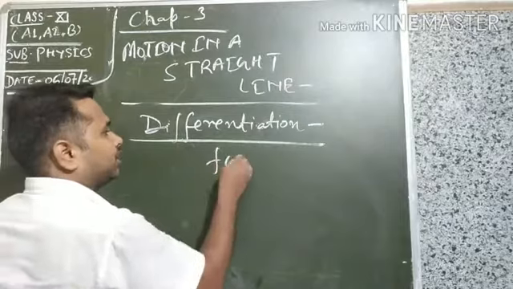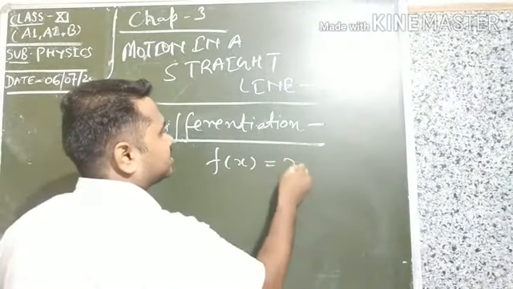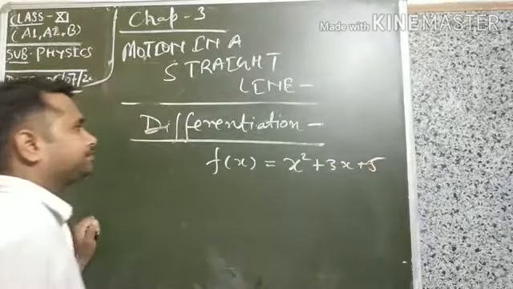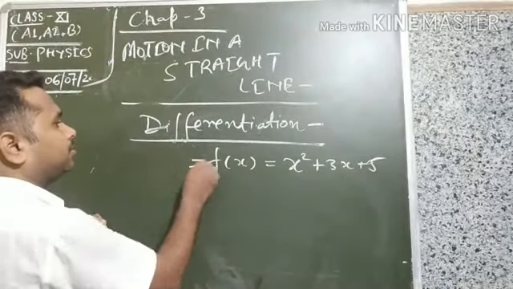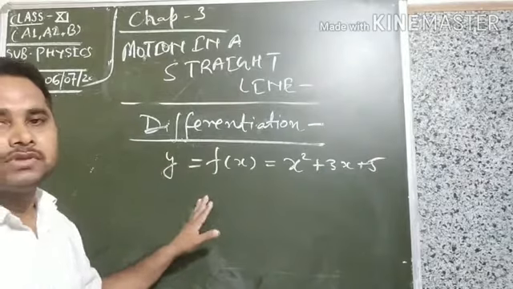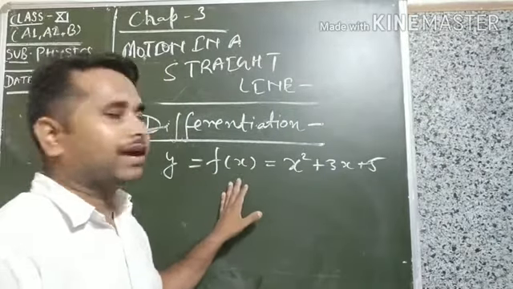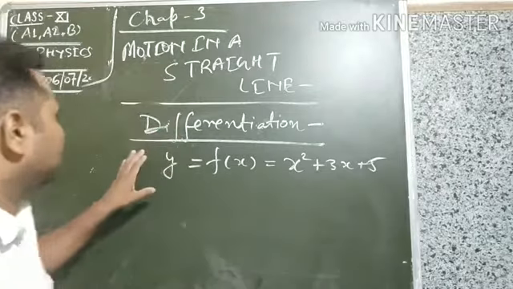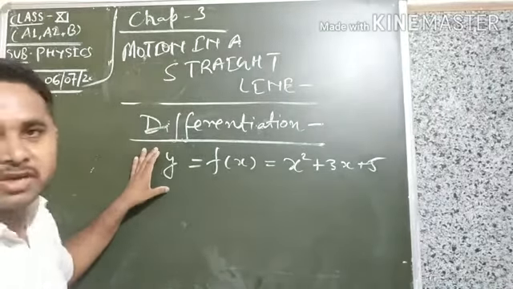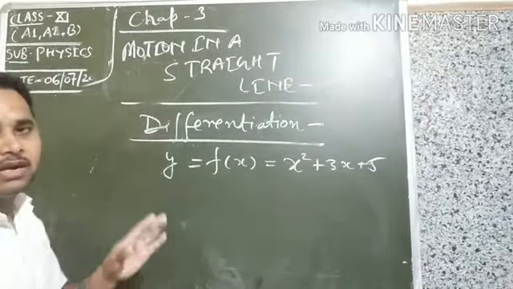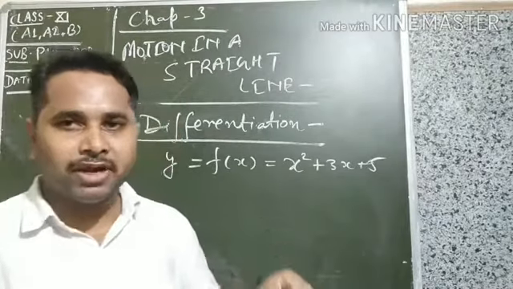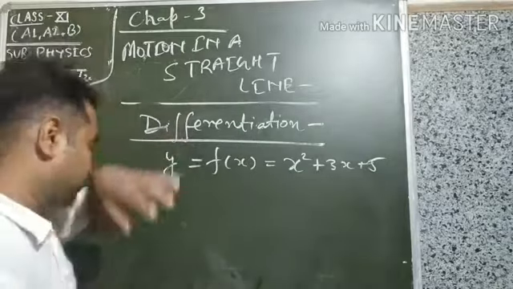Suppose there is a function f(x), that is x square plus 3x plus 5, represented by y. See here, y is a function of x, that is x square plus 3x plus 5. So the differentiation of y with respect to x is called the derivative of y.